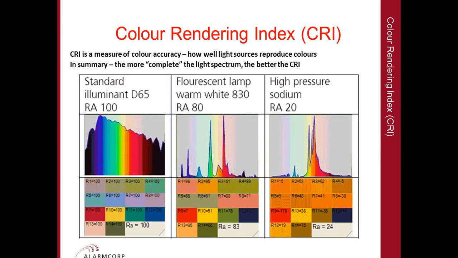And finally, if we go on to the sodium street lamp, you will see that all of the colors, with the exception of orange, are distorted, and the yellow, and pretty much everything is either orange or red. So again, if you have an application where you need very accurate color reproduction, you do need to pay attention to the light source that's being used.